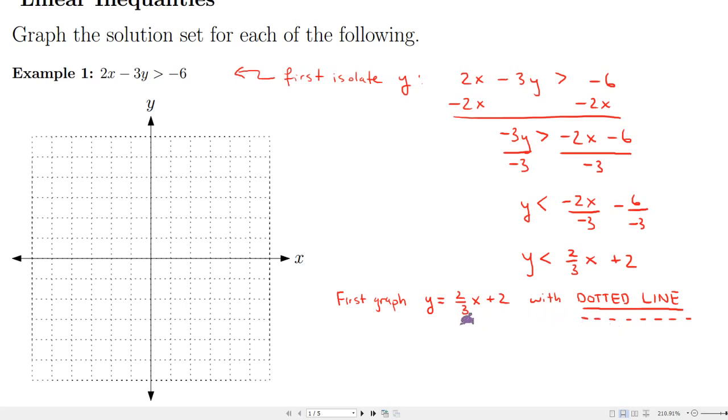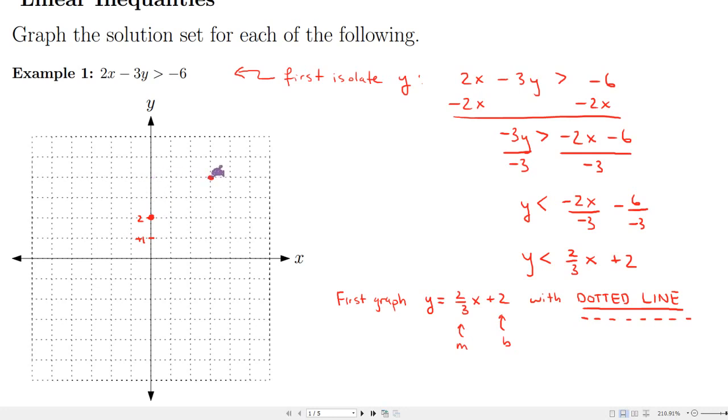So how do we do that? Well, here's the slope, that's m, and here's the intercept, b. So the intercept is at 2. If this is 1 and this is +1, +2, that will be our point right there. Now the slope is 2/3. So it's a positive slope, so we're going to rise 2 and run by 3.